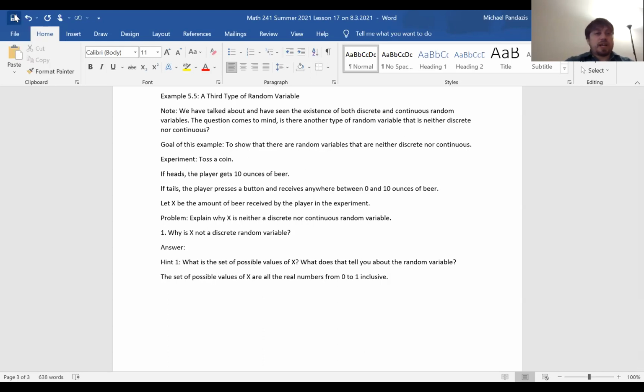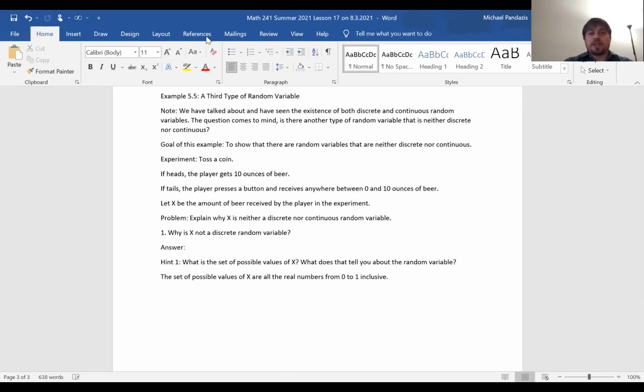What does that tell you about your random variable? That it's not a discrete random variable. Why? Because it's not finite. It is infinite, but of a continuous extent.